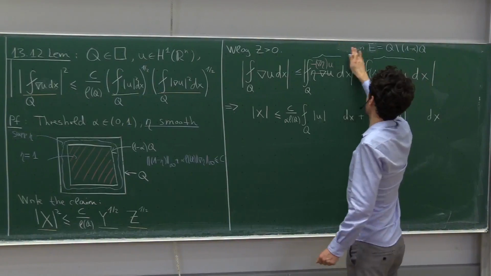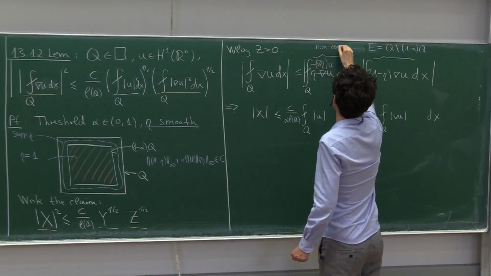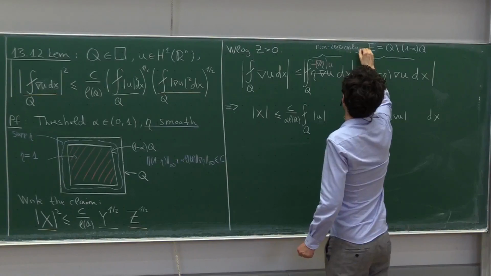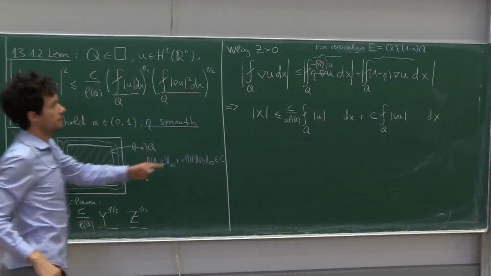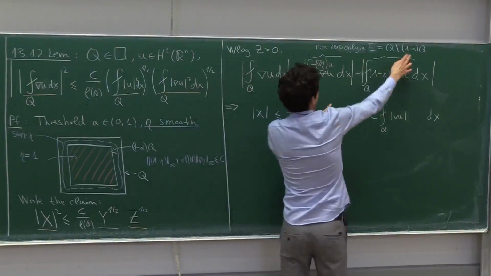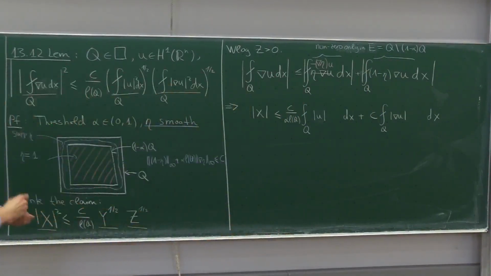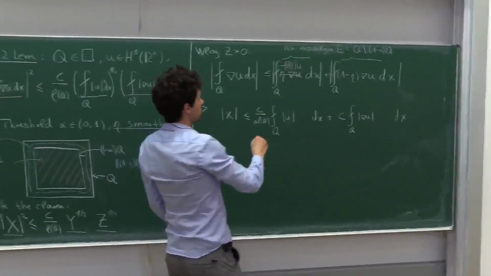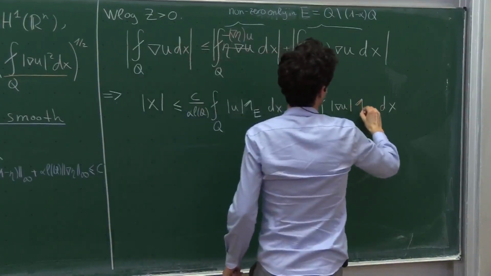Because on the inner cube the gradient is 0, and this function is also 0. If I take this information into account, my estimate is still correct, but I should put the characteristic function of E here, and the characteristic function of E here.